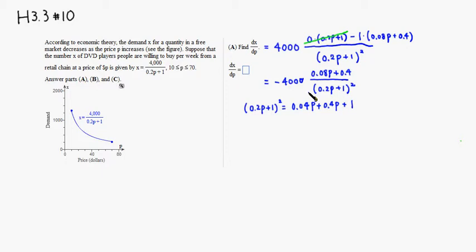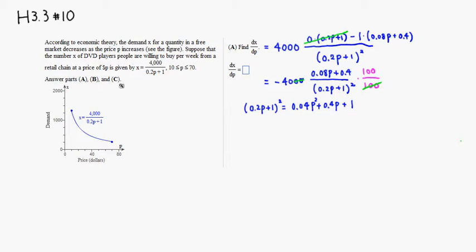To make it look a little better, I'm going to multiply top and bottom by maybe 100 so that I don't have to see these decimals. That way I can cancel two zeros with the 4,000.